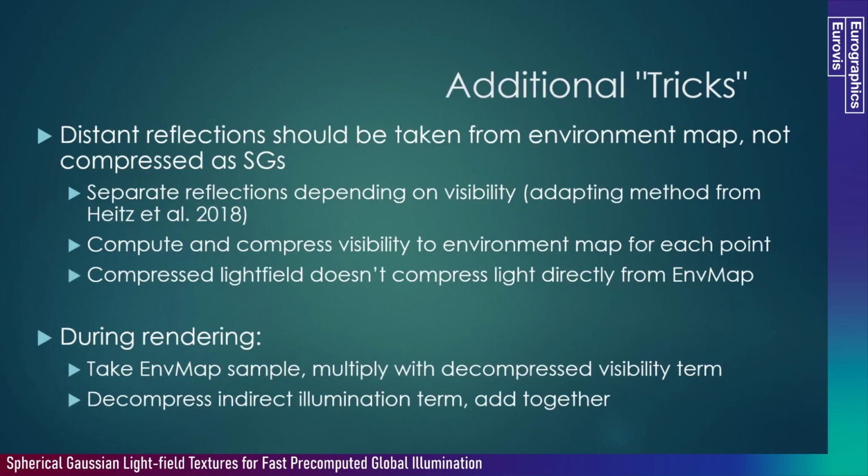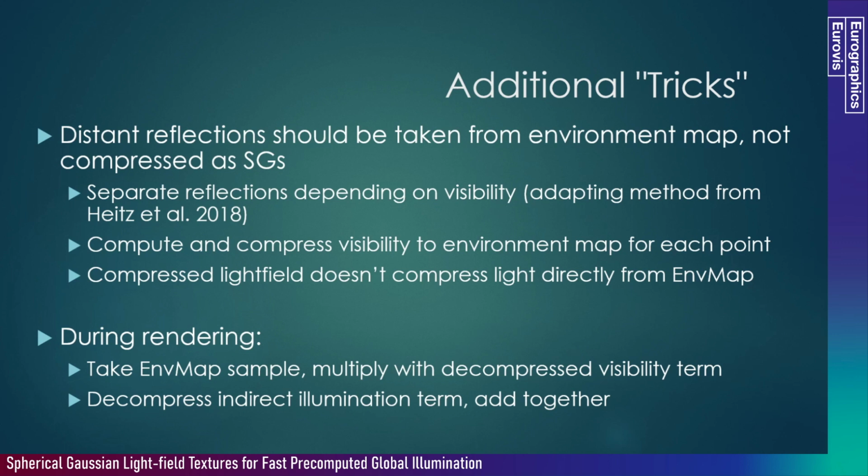An additional contribution to improve visual accuracy is by applying the method from the work by Hayes et al. and combining direct illumination with stochastic shadows. This provides a way to use the environment map of the scene in the reflections instead of having it compressed by the Gaussians. In short, when precomputing the light field for a sampling point, we also keep a map of the visibility from that point to the environment map, convolved with the BRDF of the surface that point belongs to.